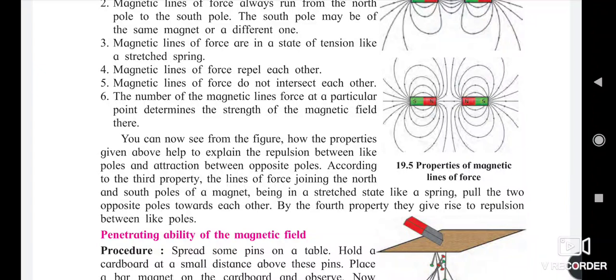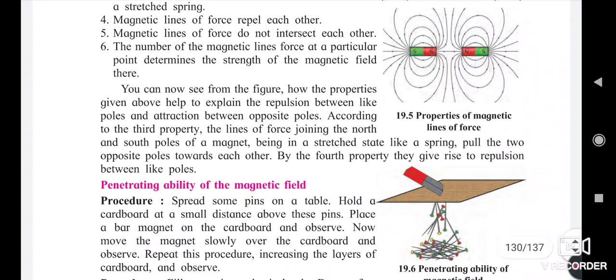According to the third property, the lines of force joining the north and south poles of the magnets, being stretched like a spring, pull the two opposite poles towards each other. But the fourth property gives rise to the repulsion between like poles.